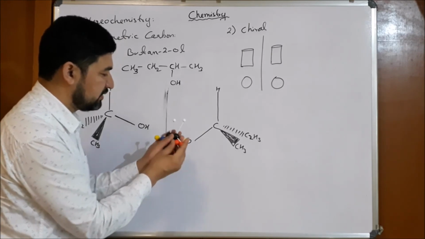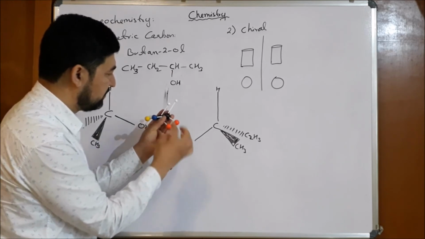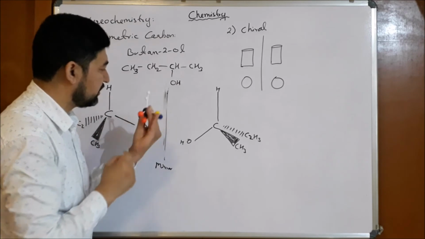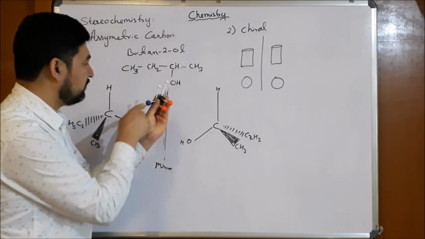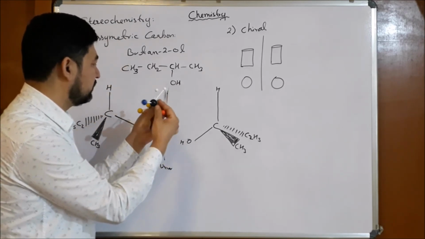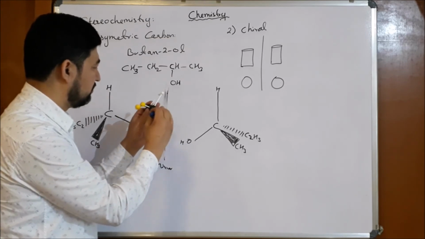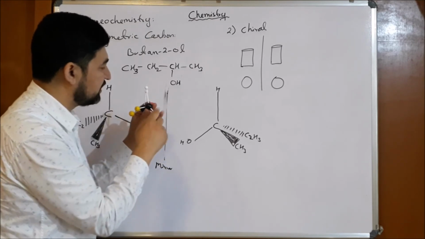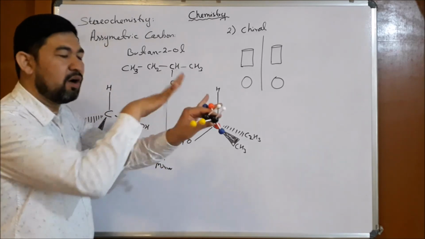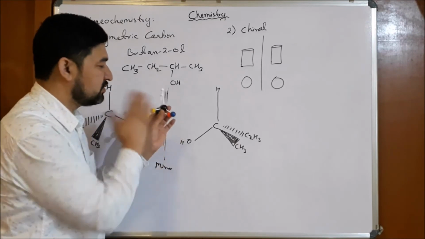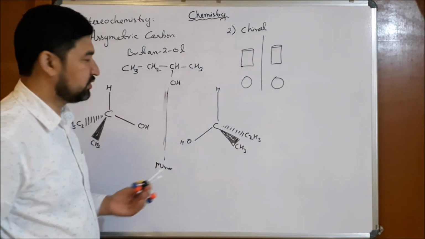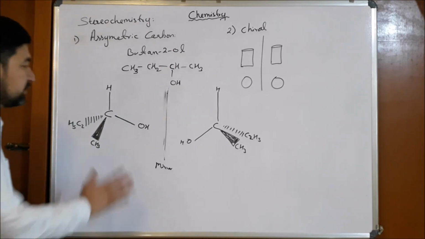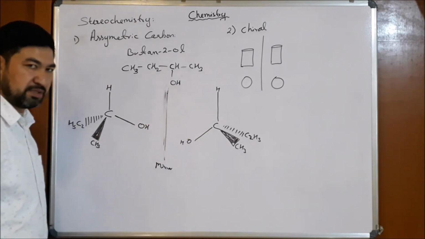This orange is the same, but here yellow and blue are not matching. So I want to match this with yellow, white, and it is matched now. But here you can see, like our pair of hands, it is not superimposable with each other. So we can say these two are mirror images and they are a pair of enantiomers.